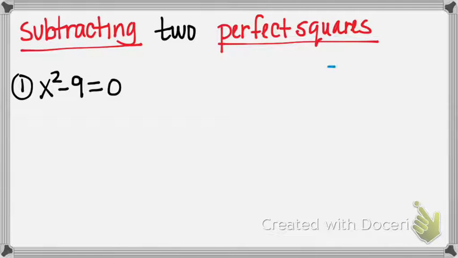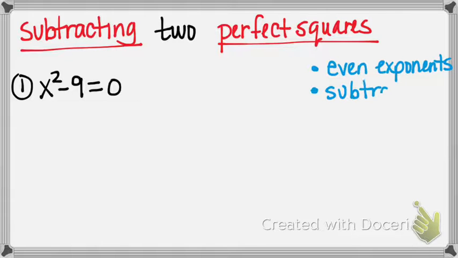You have to have even exponents, it has to be subtraction. Feel free to write this in the top left corner. And all the numbers have to be perfect squares.